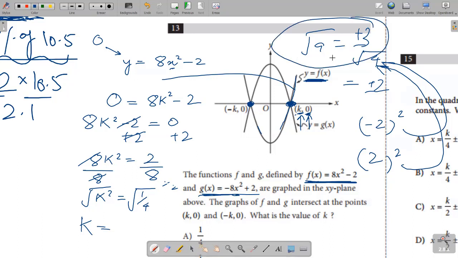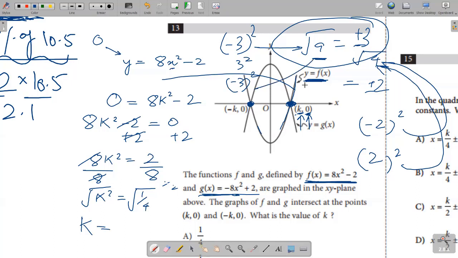Most often we take positive values, but it's also a negative value because negative 3 whole squared also will be 9, because square root means what number you can square to get 9. We can square 3 or we can square negative 3 to get 9.